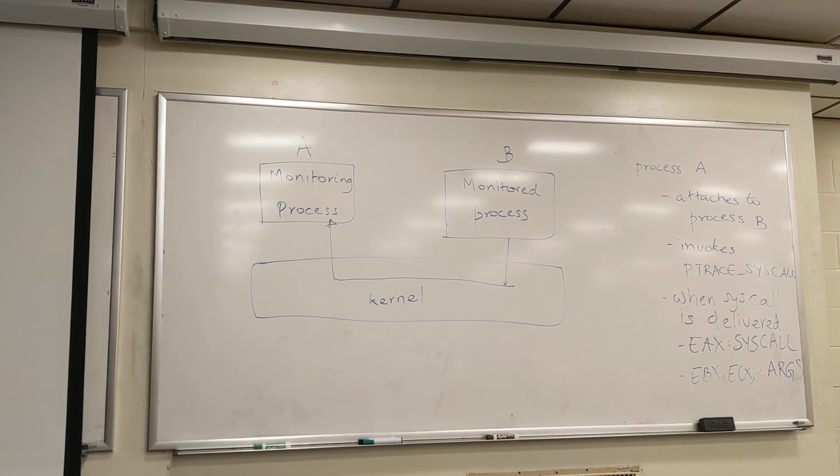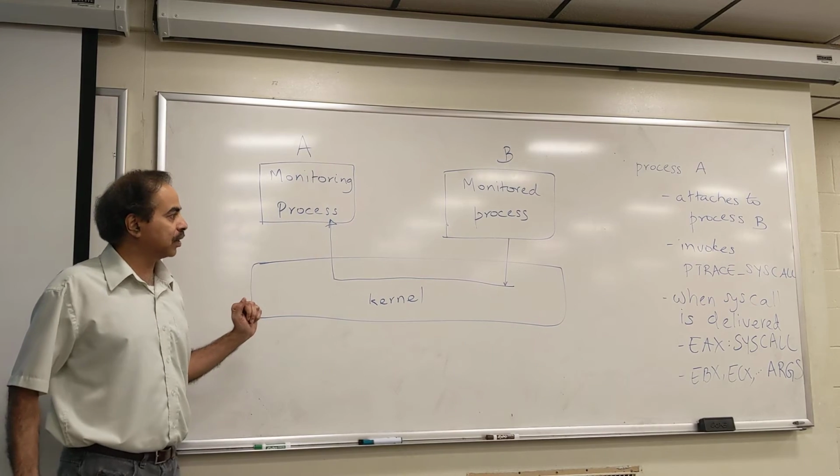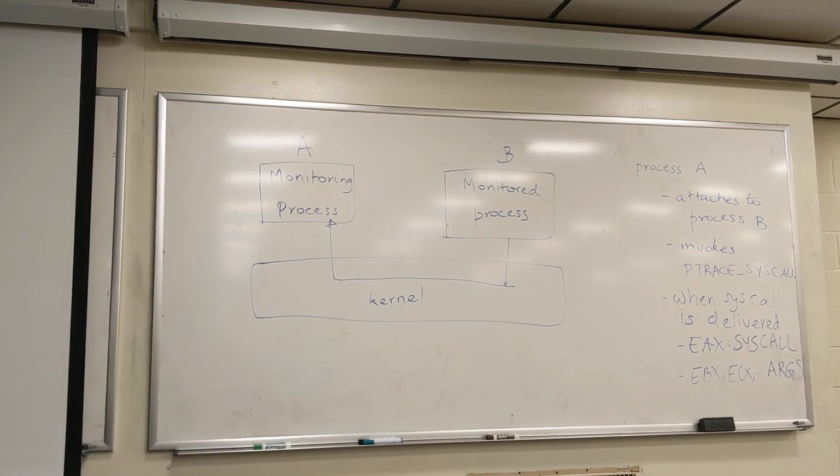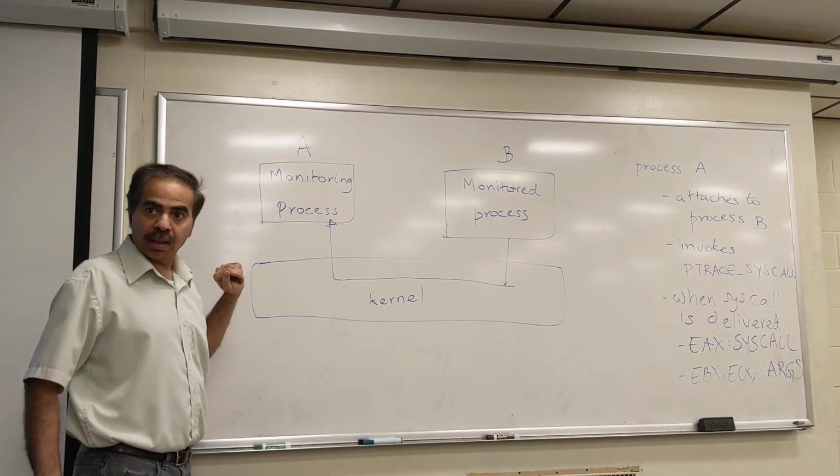This is the file that is being accessed. Okay, and at that point, it can decide whether it wants to allow the system call to go through, or it can also decide to kill the process, right? So if let's say process B is doing something unsafe and process A wants to terminate it, it can kill it.